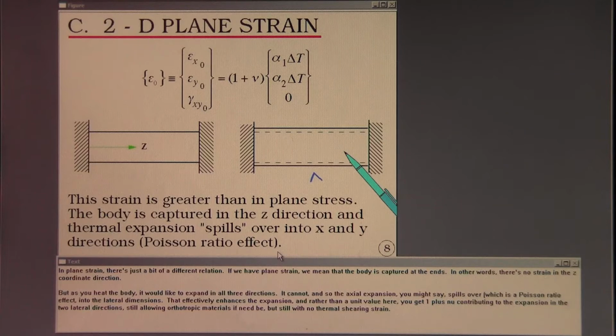That effectively enhances the expansion, and rather than a unit value here, you get 1 plus nu contributing to the expansion in the 2 lateral directions, still allowing orthotropic materials if need be, but still with no thermal shearing strain.